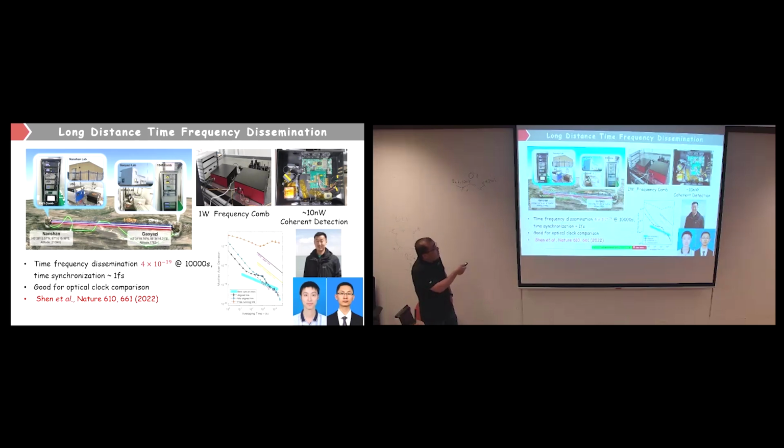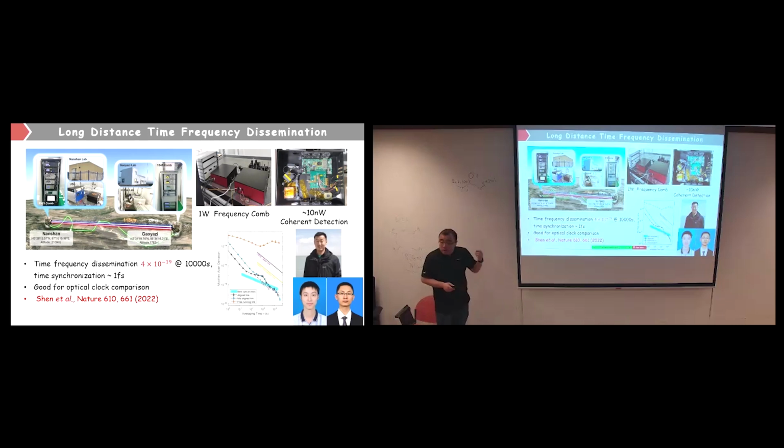It's a free space one from Nanshan to Gaoyazi, another place, with a telescope of about 400 millimeters. We send out the frequency comb from here to Gaoyazi, and the Gaoyazi sends it back, just like the fiber did. But here it is in free space.